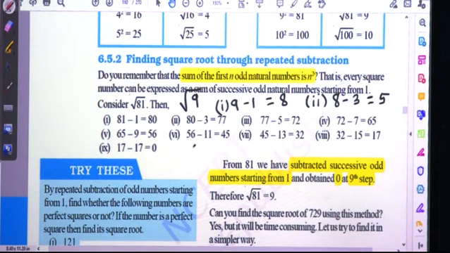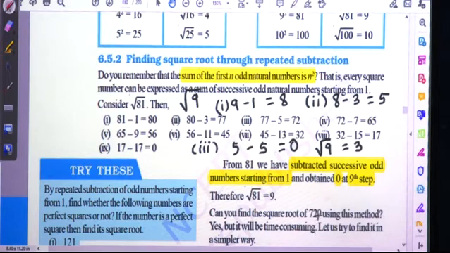And my third step: sorry, not 3, it is 5, because 5 is what remains here. 5 minus the third odd value, 5 minus 5 is 0. In how many steps did we obtain 0? In 3 steps. Means square root of 9 is equal to 3.